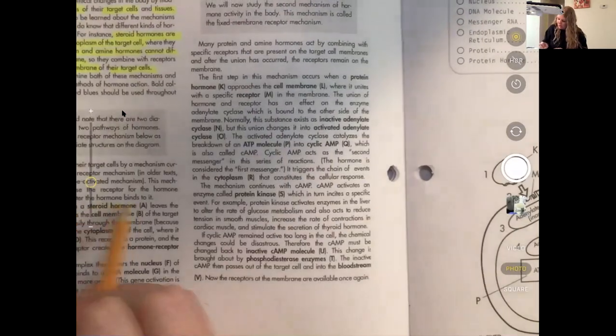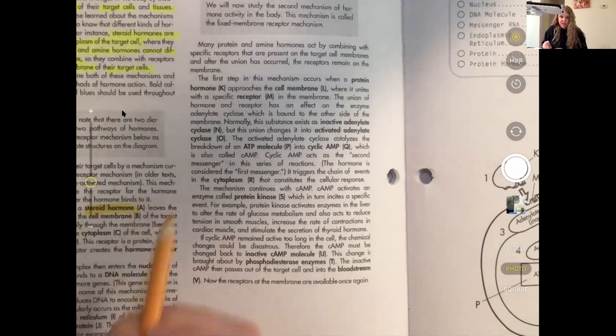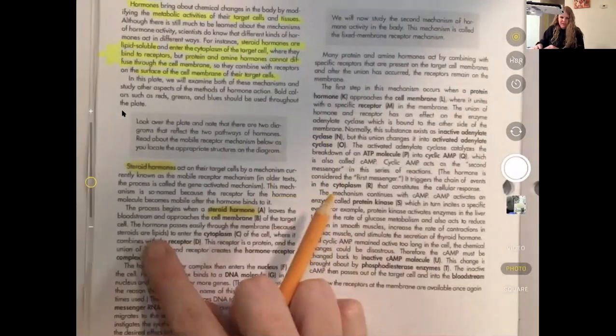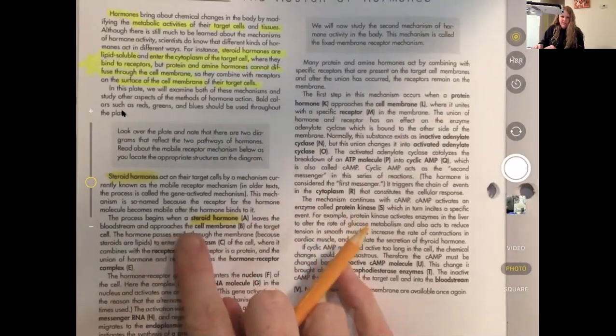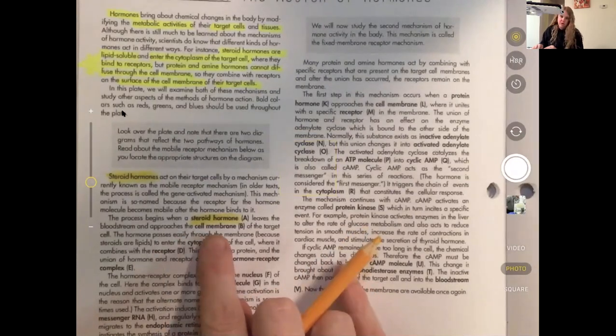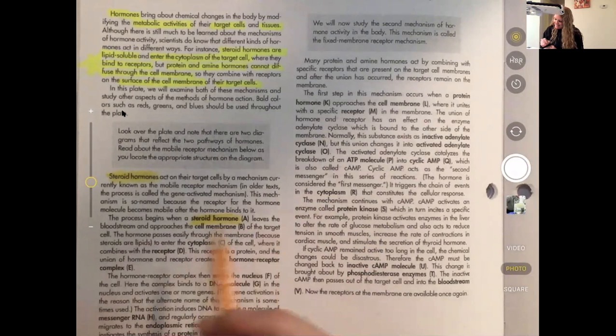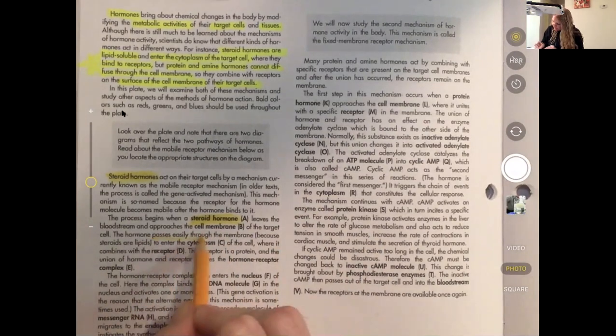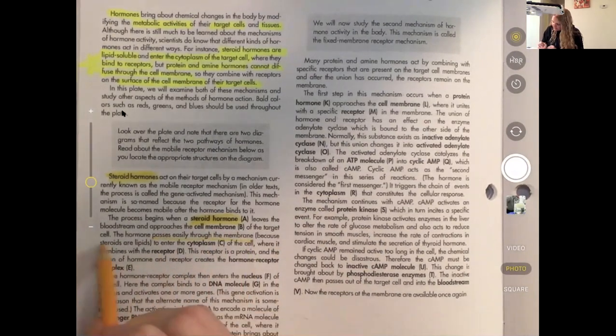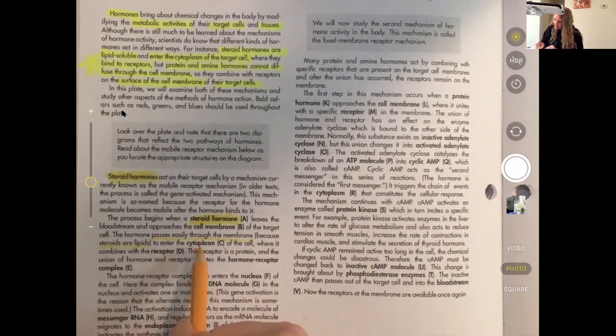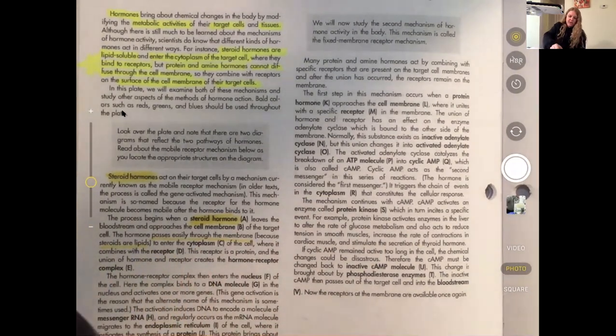So the process begins when a steroid hormone leaves the bloodstream and approaches the cell membrane, which we know is a lipid bilayer of the target cell. The hormone passes easily through the membrane because steroids are lipids to enter the cytoplasm, where it combines with the receptor.